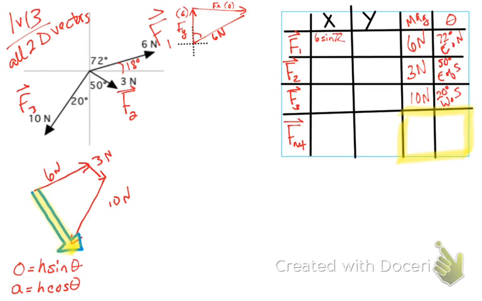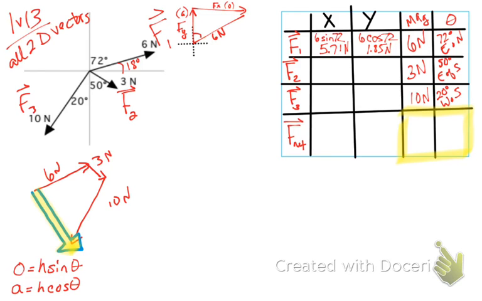And the y is my adjacent, so it's going to be 6 cosine of 72. 6 sine of 72 gives us 5.71 newtons. 6 cosine of 72 gives us 1.85 newtons. Are my directions okay? They're both positive? Yeah. It's east, which is positive, and north is positive, so there we go.